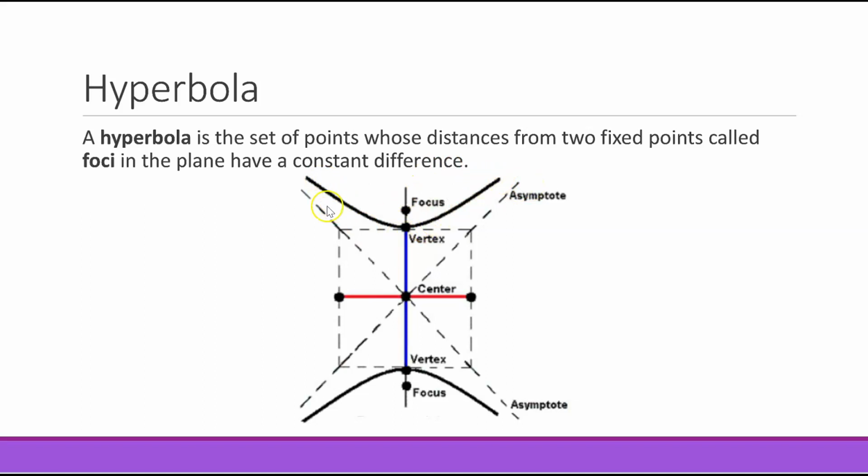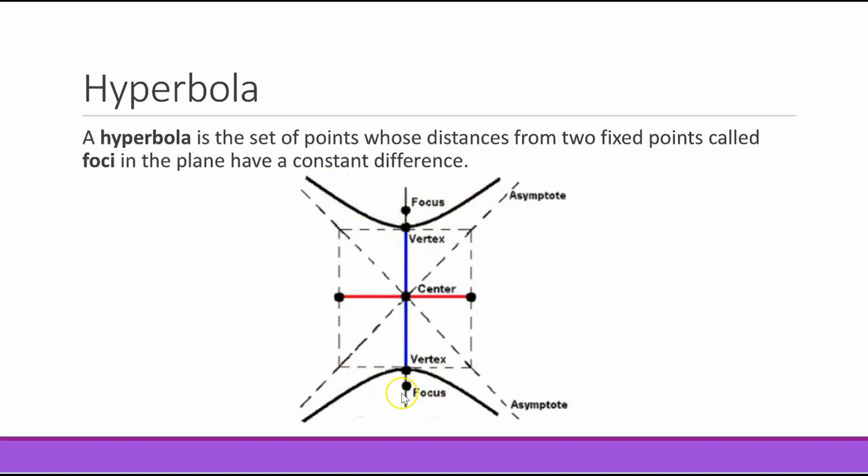So the hyperbola is, again, these two U shapes here. We have the idea of a center, again, which is going to be halfway between the two vertices of my hyperbola. So I have one vertex here, sort of the very bottom and the very top in this direction. I also have foci, right? The singular is focus, and those live inside of the U shape, right?